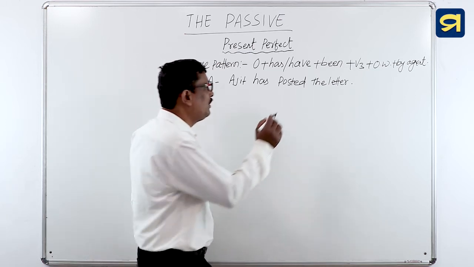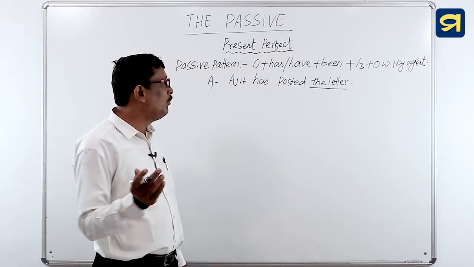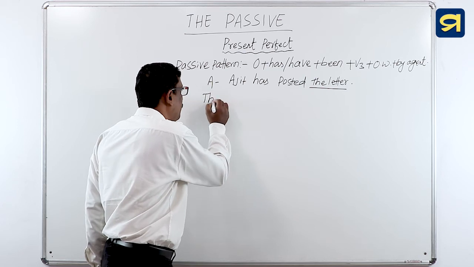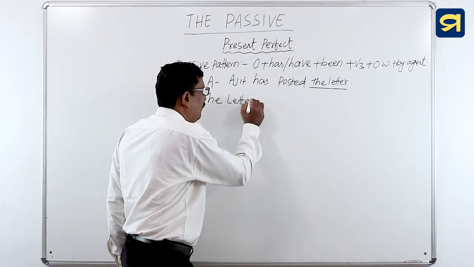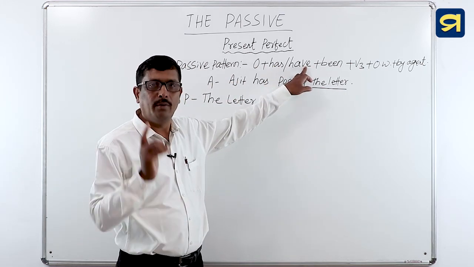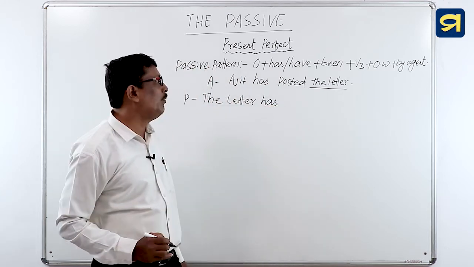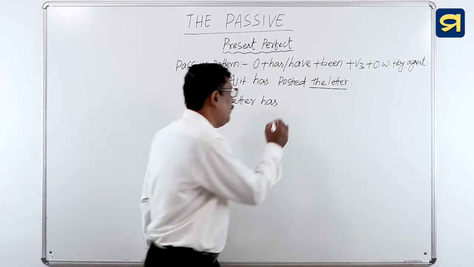Very good. You see, the letter is the object of the sentence. Then we will use in the beginning of the sentence the letter. What you will use? Has or have? Very good. Has. Then what you will use after has or have? We will use been. Very good. Been.